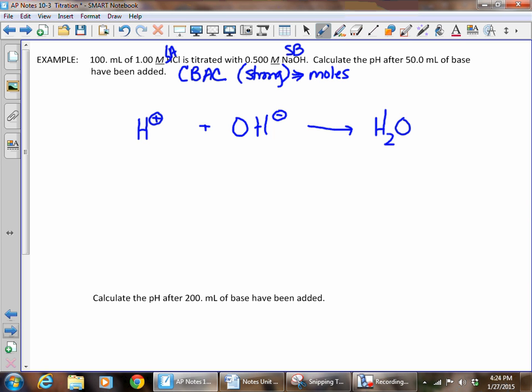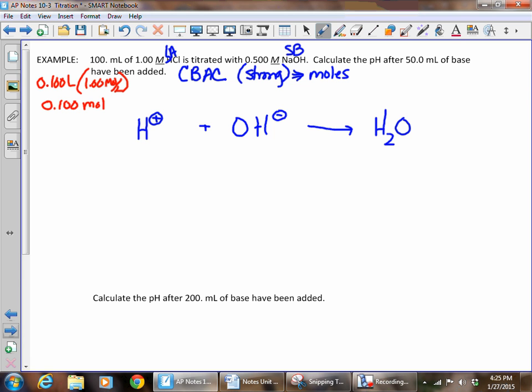So the first thing it gives us is molarity of each of those substances. So we're going to change those to moles first. If I've got 0.100 liters of HCl and I've got a 1 molar solution, then I'm going to have 0.100 moles of my HCl.